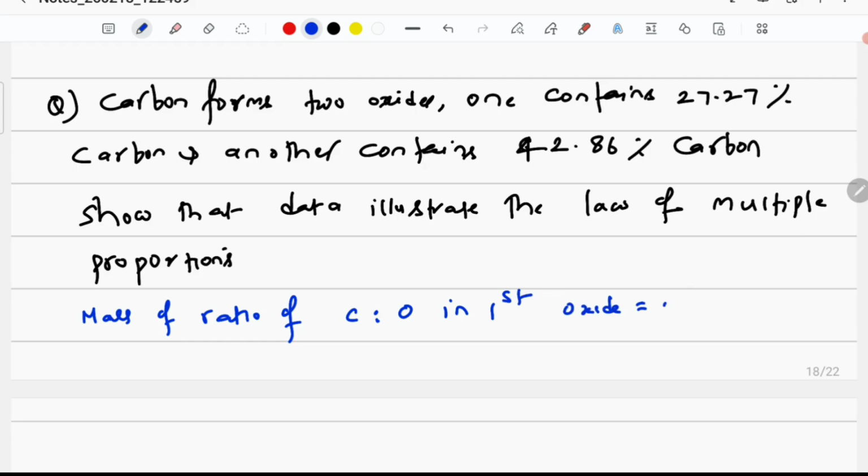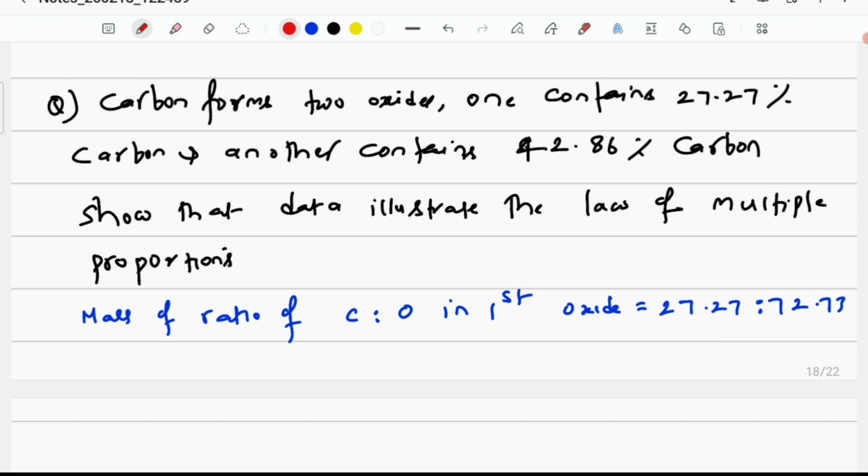Percentage, so you can take it as out of 100: 27.27 grams carbon to 72.73 grams oxygen.